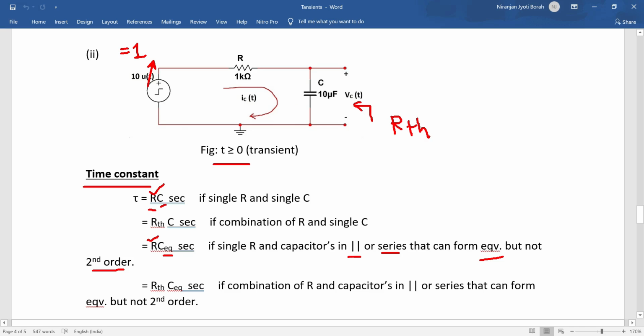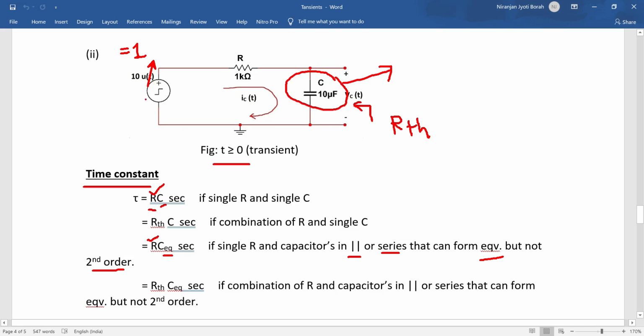Now, for this circuit, to find the Thevenin's equivalent across the capacitor, first of all, this capacitor will be taken out.